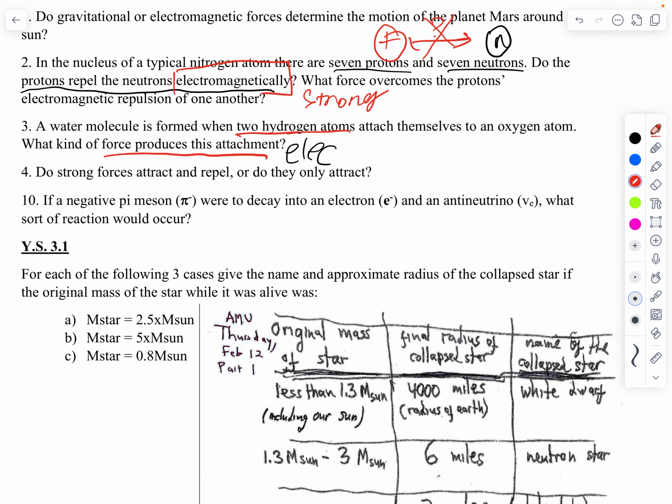Do two strong force particles attract, repel, or only attract? Okay, I think we covered this one in class, right? If I have two protons like this and they only attract, if they only go in, they would be mushed into one single point, which would make the whole atom collapse.